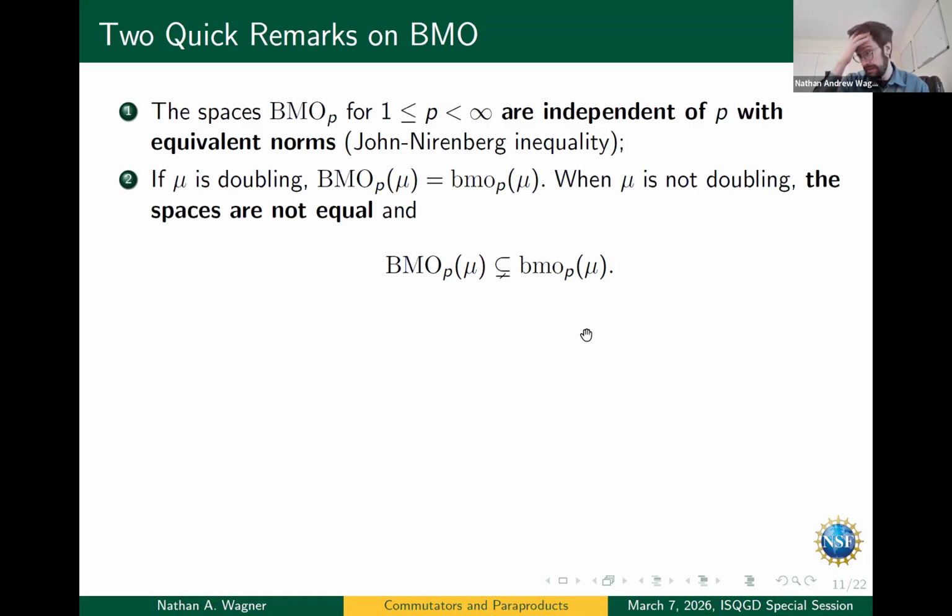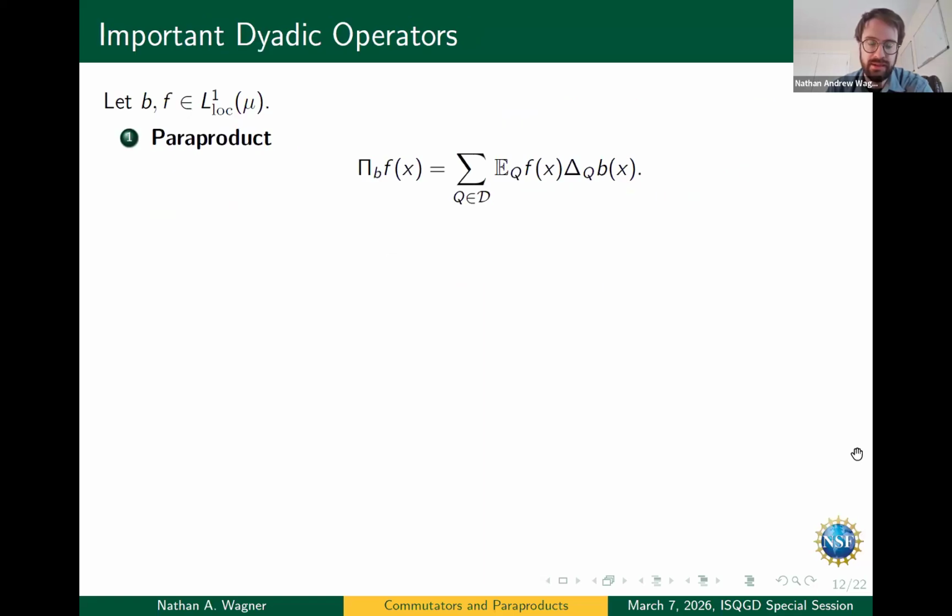There are some other dyadic operators that I want to briefly touch on. One is a paraproduct. Basically, these operators come from taking the product of two functions, b and f, expanding them both out as a sum of martingale differences, and then grouping certain terms.